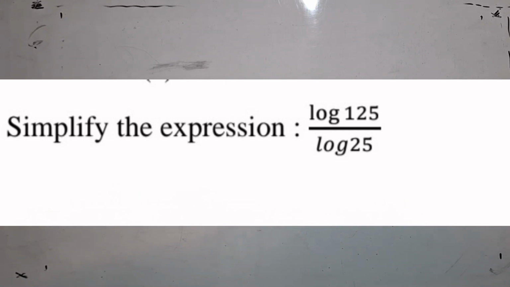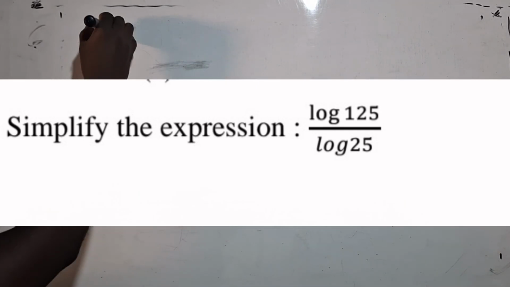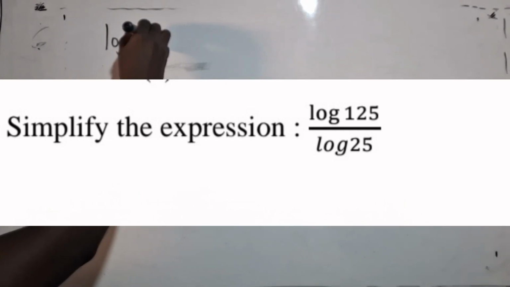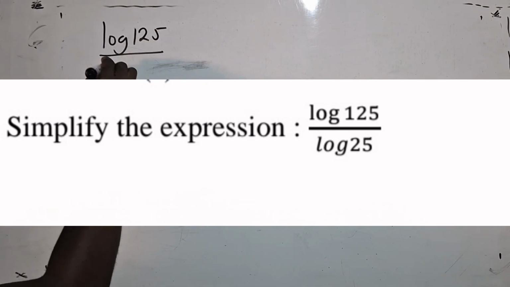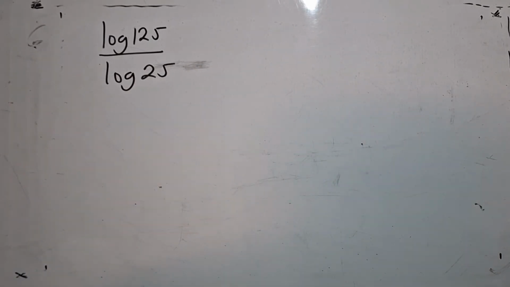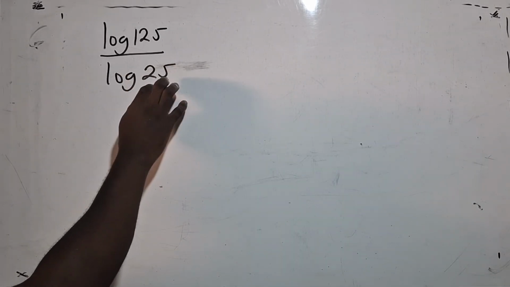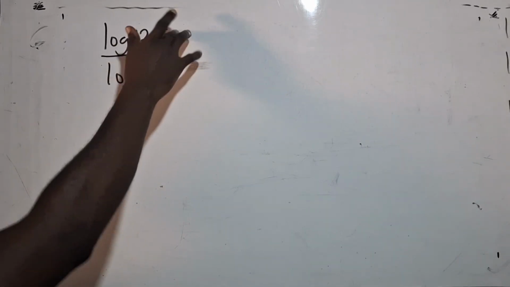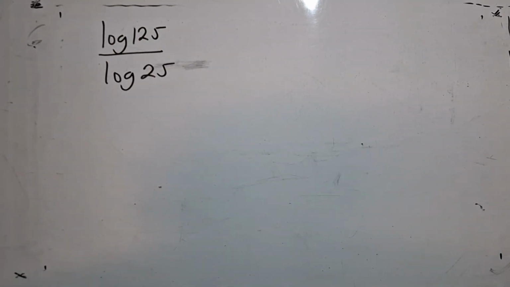As the question is posted on the screen, we have to find log 125 all over log 25. To divide this log, what you have to check is, can we express the top one and the down one as common powers? The answer is yes.